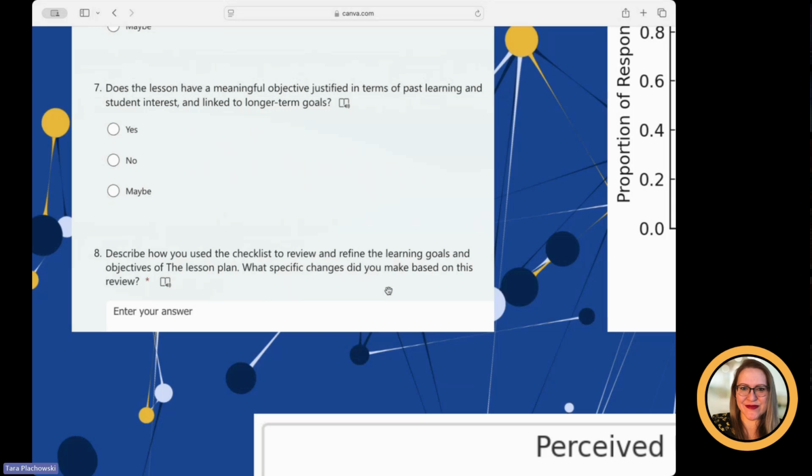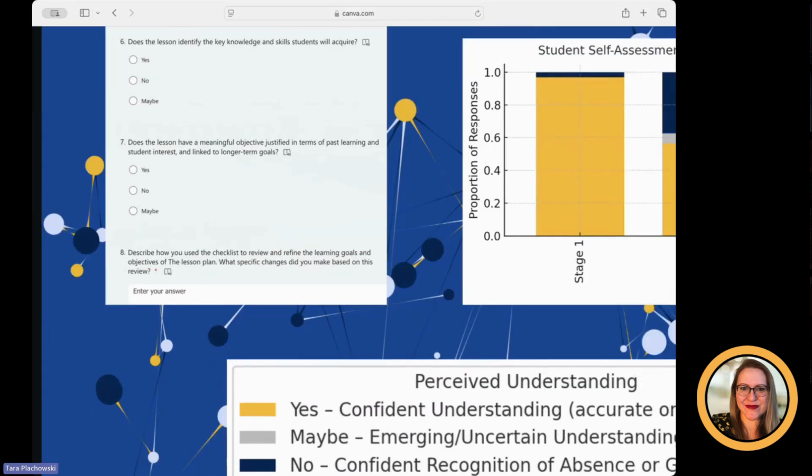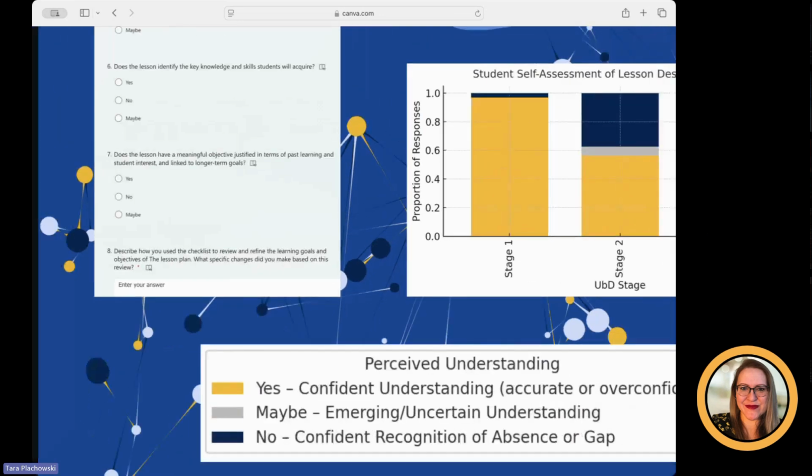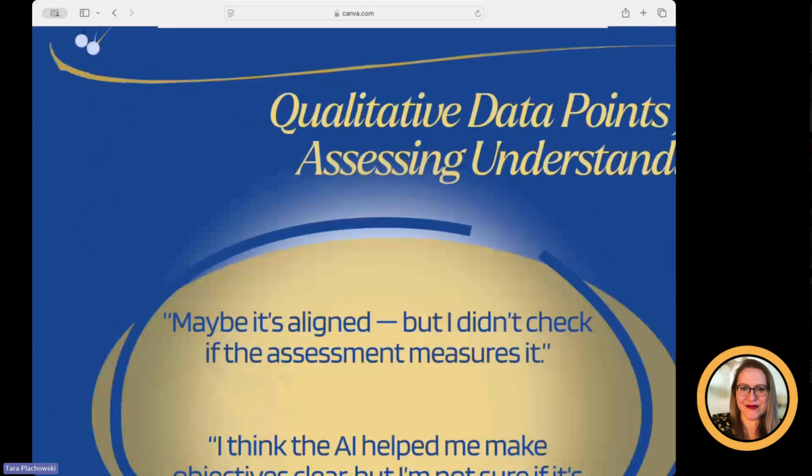Like, what do they think they need to do? What's going on here? And so I have not only this sort of quantitative, 1, 2, 3, yes, no, maybe data, but I also have some qualitative data that goes with that to help me determine levels of understanding and a little bit more nuance around understanding.